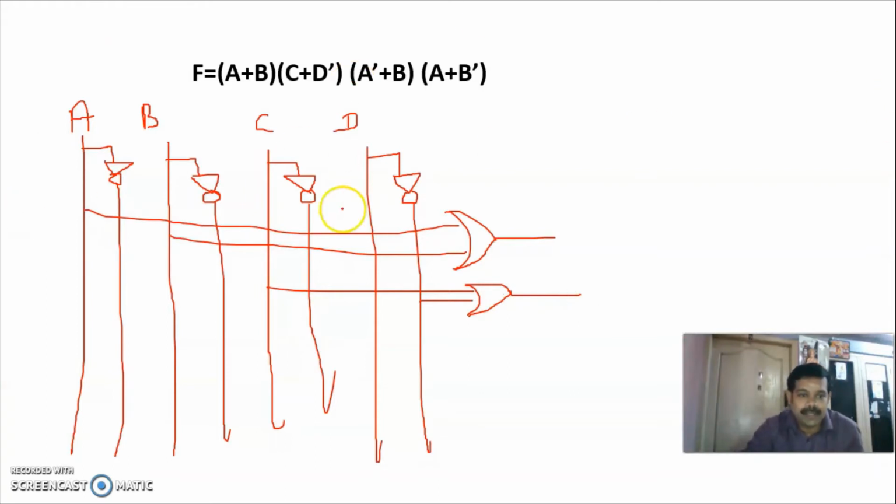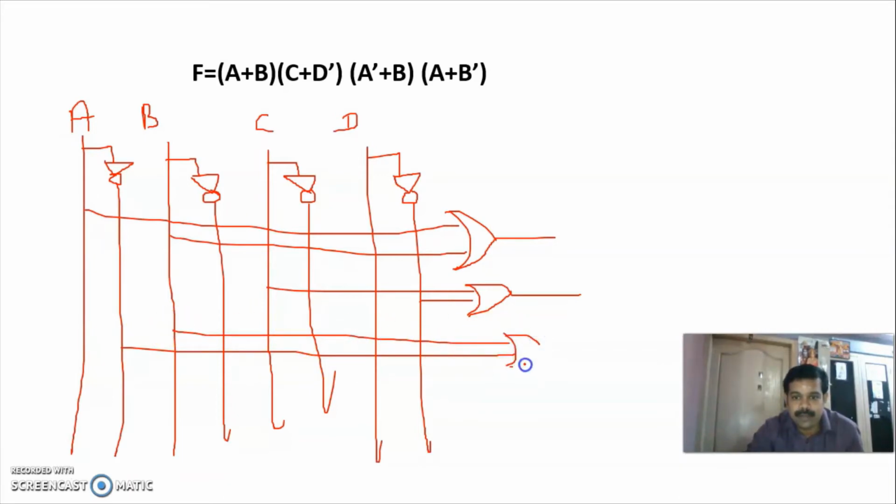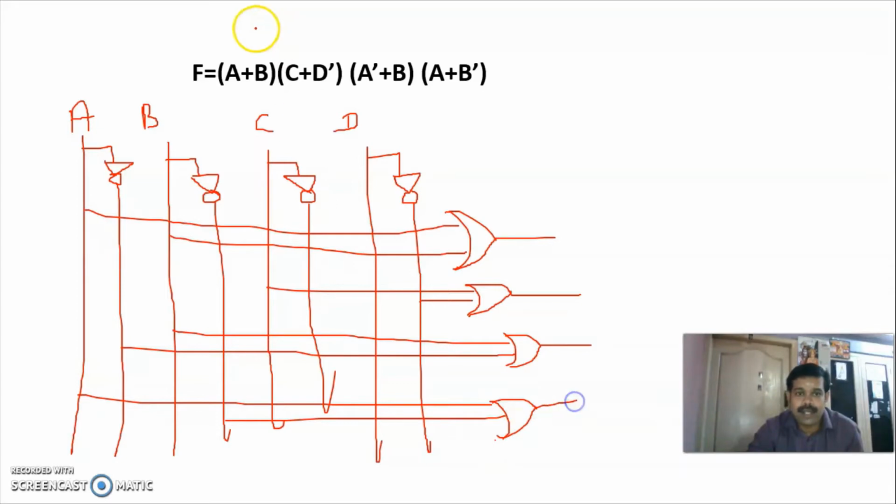A bar plus B. This is A bar, then this is B. You give it to an OR gate. A plus B bar. You take from A, then from B bar, and give it to an OR gate. So here all these sum terms are ANDed together.